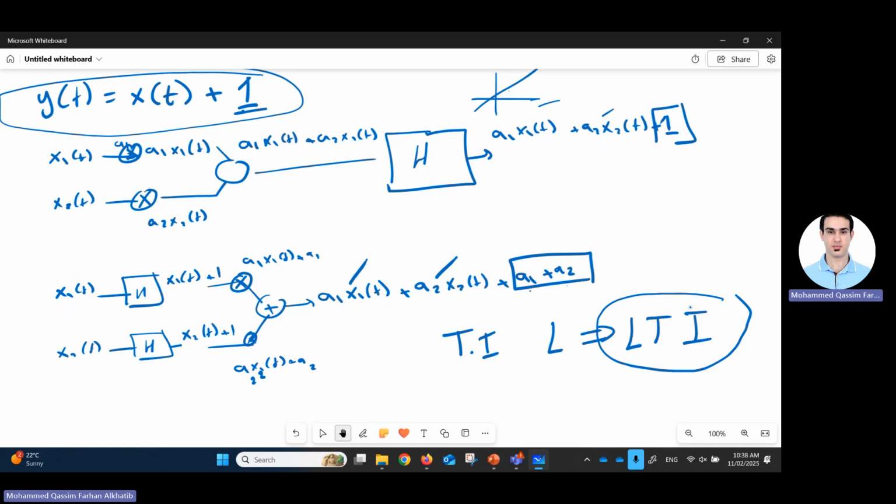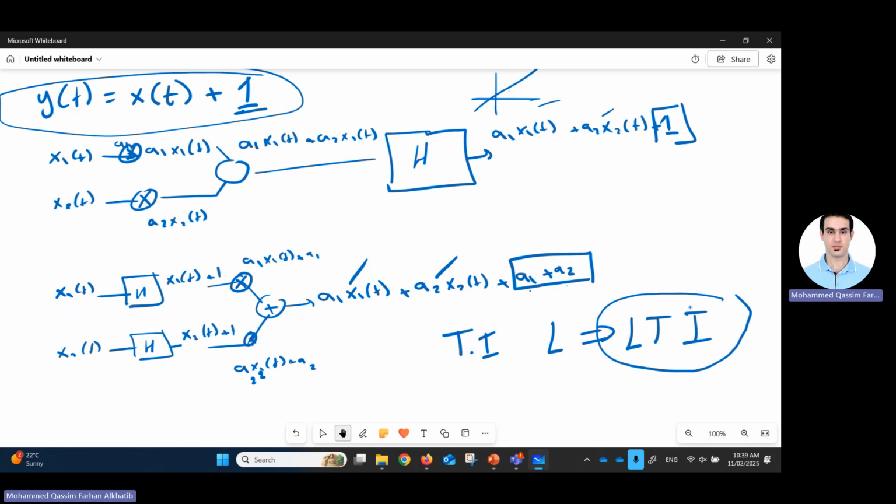LTI systems are the more widely used systems because of these properties. I don't want a weird behavior in the time domain when it comes to shifting and scaling and delays. And then for the linearity part, I want to map my input to a proper mapping to the output. So I want the system to be linear.